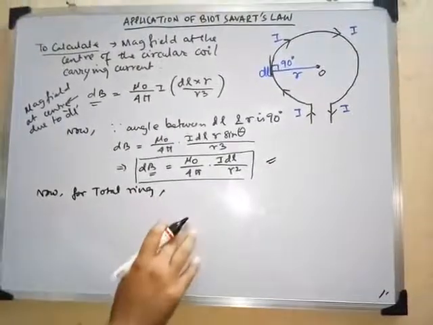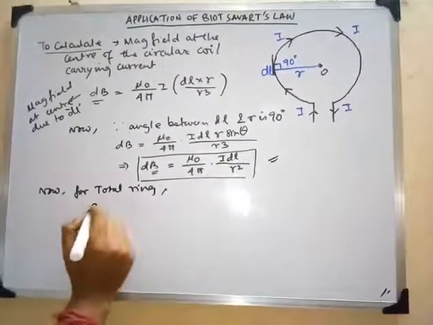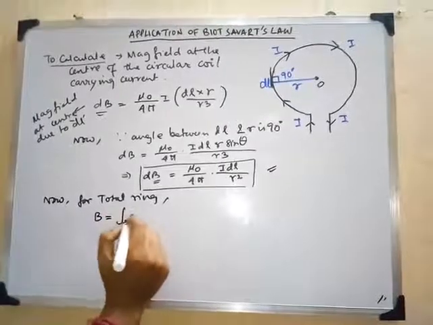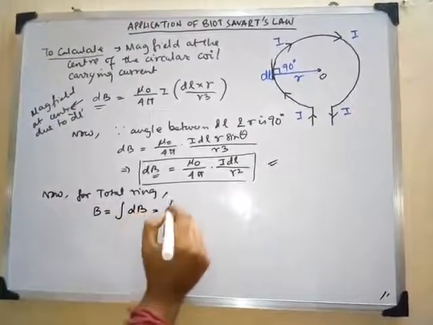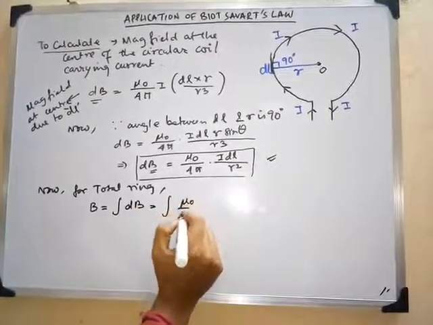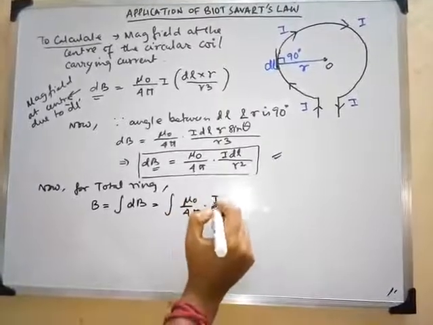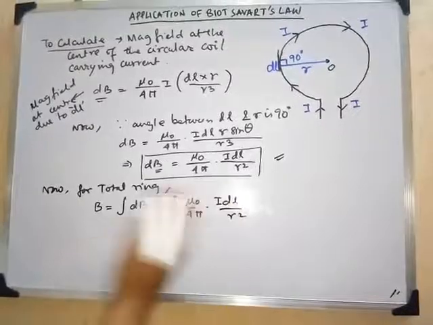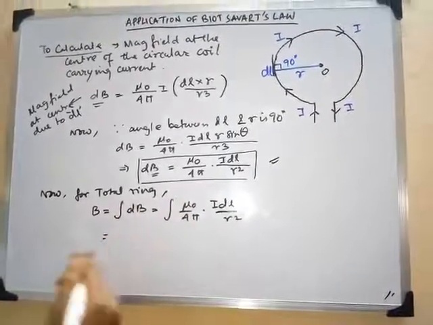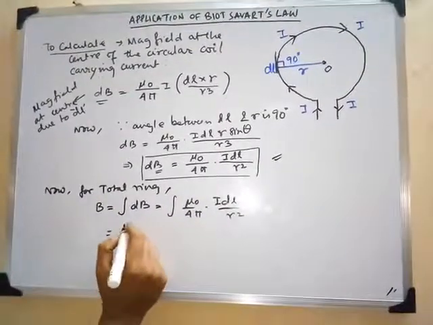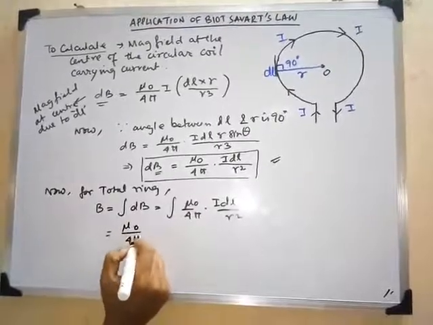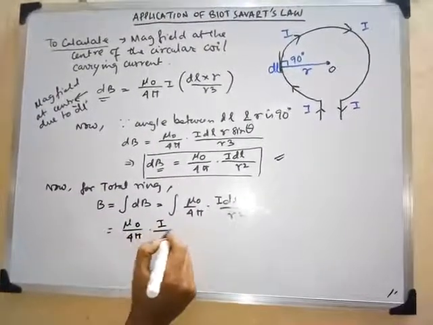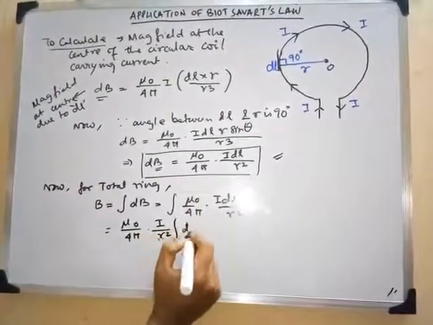So for the total ring, B will be equal to the integral of dB. So that will be the integral of mu naught by 4 pi I dl by r square, right? So we take the constant terms outside the integration: mu naught by 4 pi I by r square integral of dl, right?